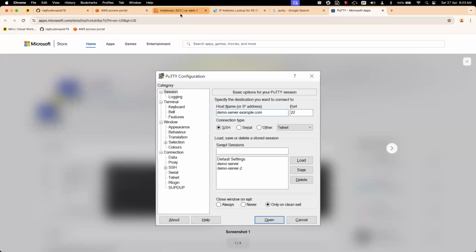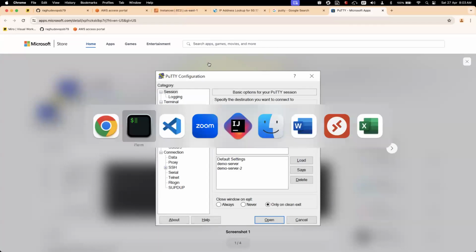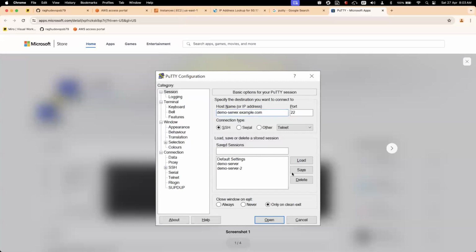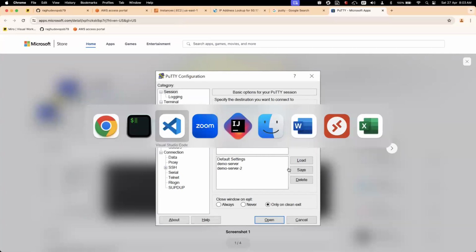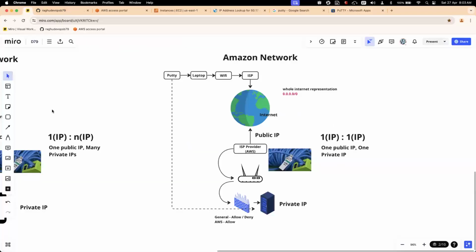Check it out, these are the ports. The port range on any operating system is from 0 to 65,535.